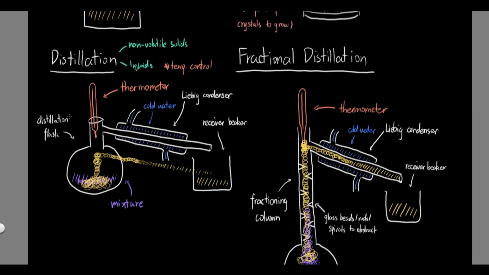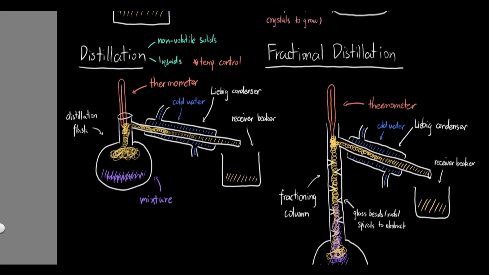So you have a distillation flask where you will put your non-volatile solid. I think I might need to move this up here so it makes more sense. Alright, cool. So you have a distillation flask and a thermometer to measure the temperature.